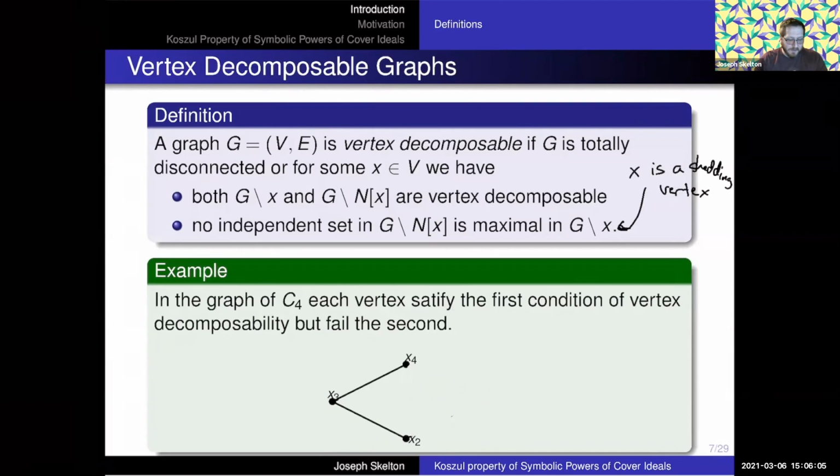If I delete the neighbors of X1, I just get X3. That's an isolated vertex, so it's vertex decomposable. But the reason this fails is X3 is an independent set in the deletion of the neighbors, but X3 is maximally independent when I delete just X1. So this graph is not vertex decomposable.